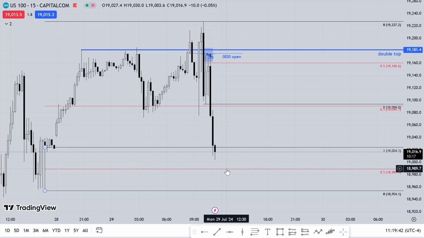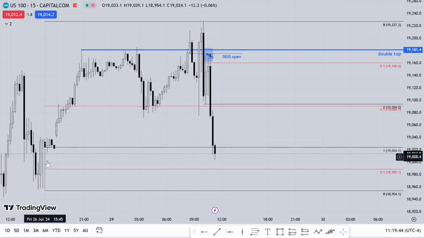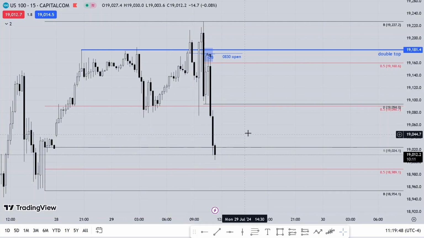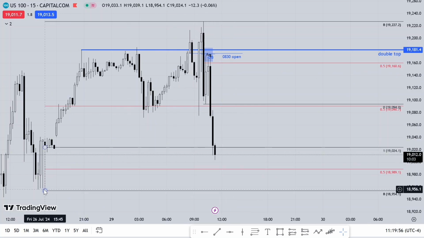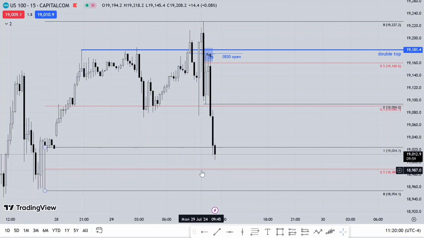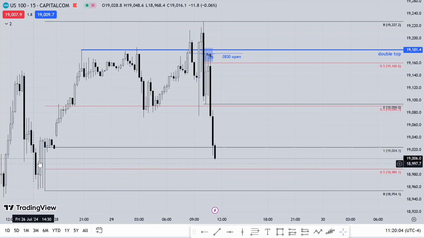price. So this consequent encroachment of these wicks are imbalances. So when the algorithm sees wicks as imbalances, price will seek the midpoint of that imbalance first before it comes to this. If it wants to come to this low, it will first seek this midpoint of this wick, which is an imbalance.